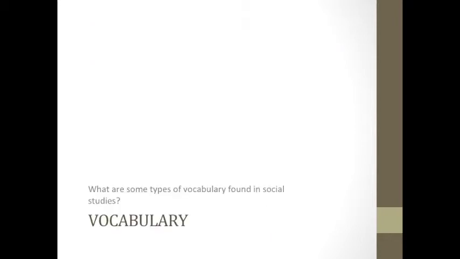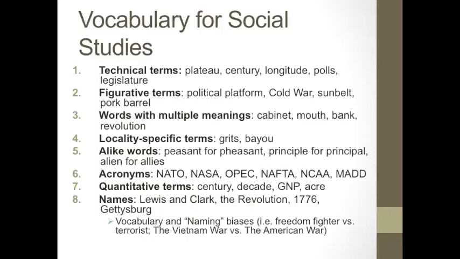And then thinking about vocabulary. So with the vocabulary in social studies, we have a lot of different, maybe not necessarily different, but vocabulary structures and ideas that tend to show up more in social studies. So we have a lot of technical terms, so thinking about the idea of a century, longitude, poles, legislature.